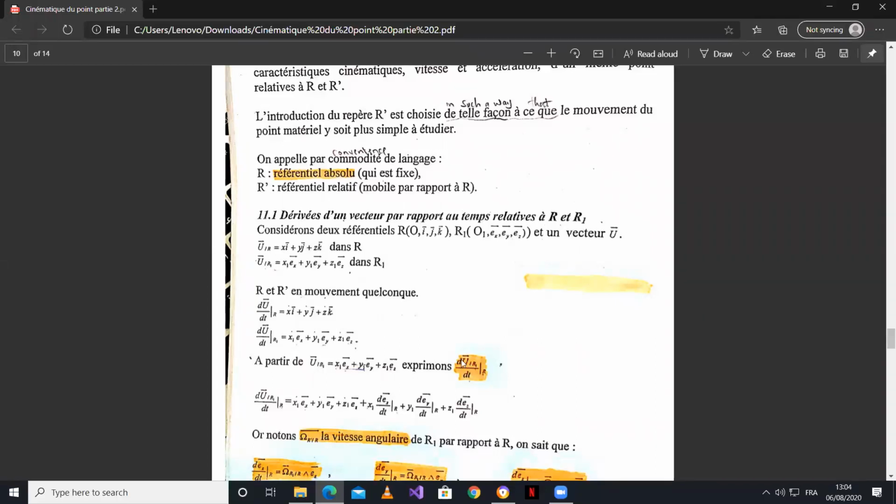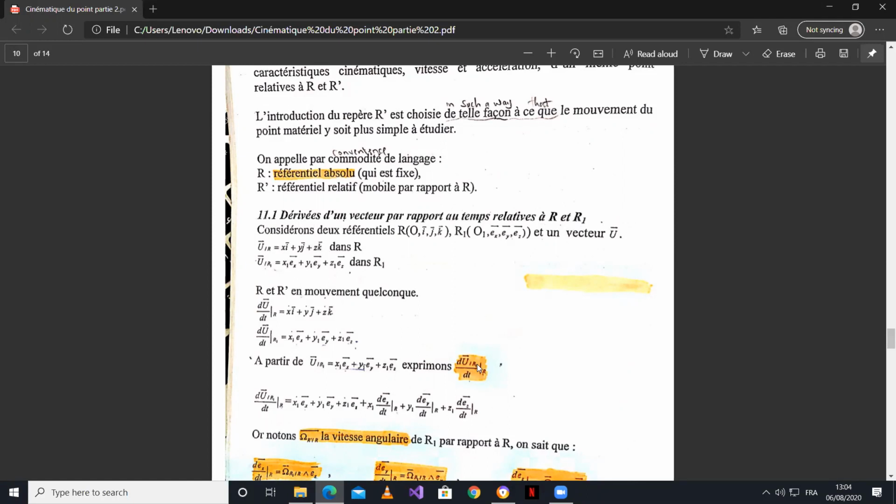Now, this is where it gets a bit more complicated. We are deriving U. When we say U with a small slash R1 written under it, it's like U written in R1. So we are using this expression here, written in R1.